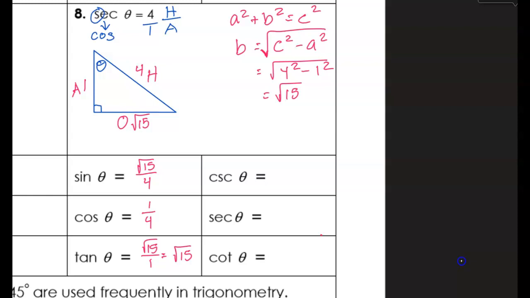Now cosecant is the reciprocal of sine. Look what happens though when I find the reciprocal. Okay. So what do I need to do here? Can I leave this answer like this?